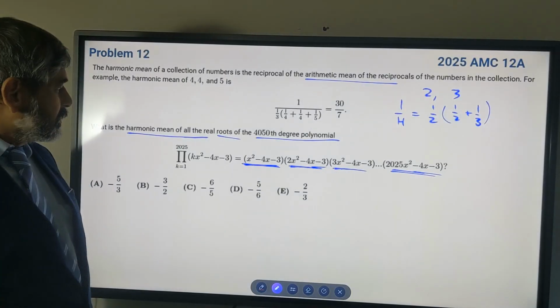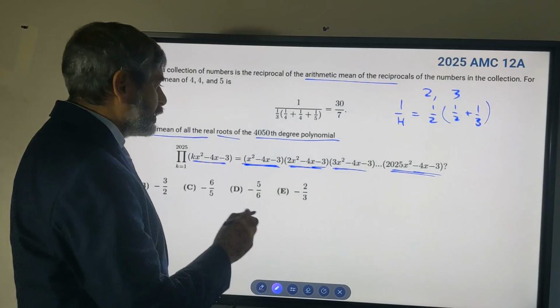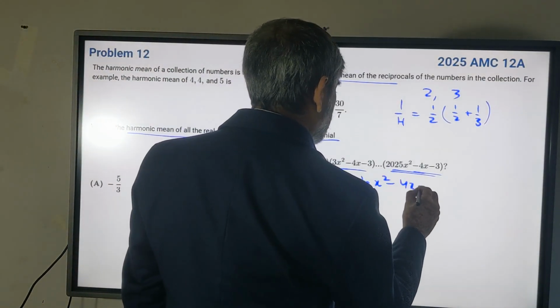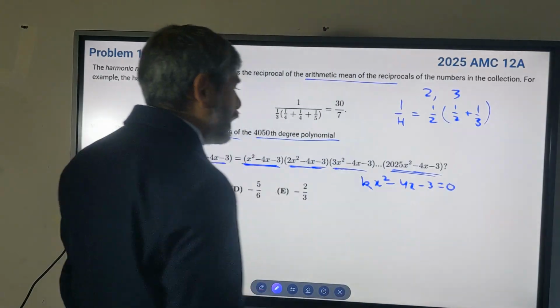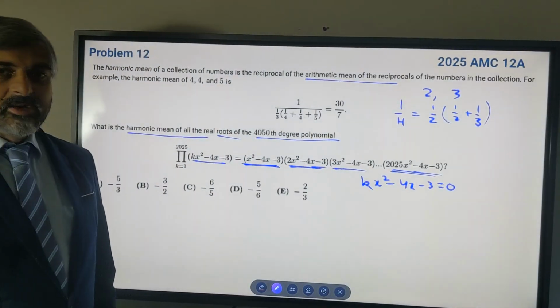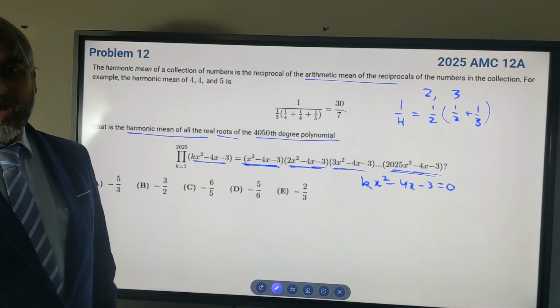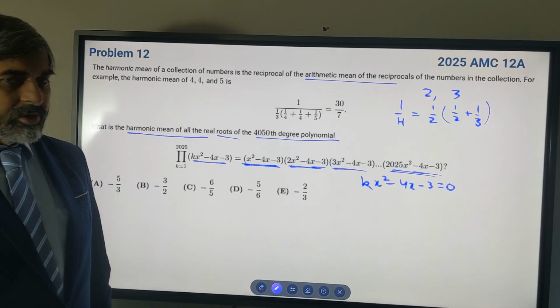So let's take a general term kx square minus 4x minus 3 equal to 0, and try to see what their roots add up to and what their harmonic mean is for one particular term.